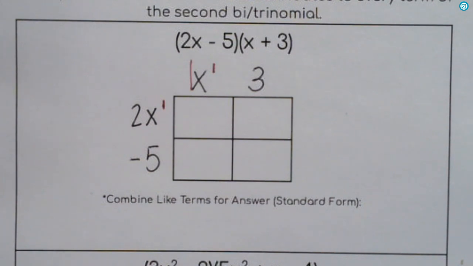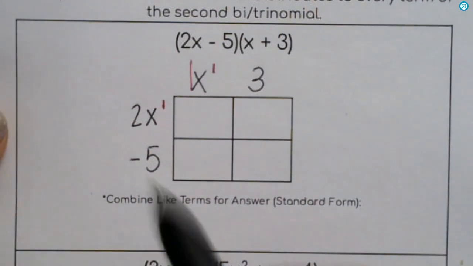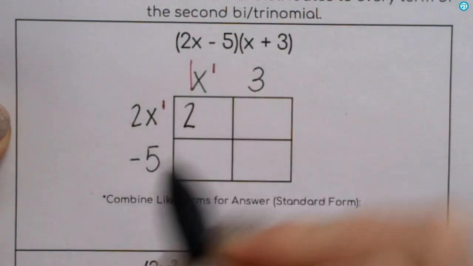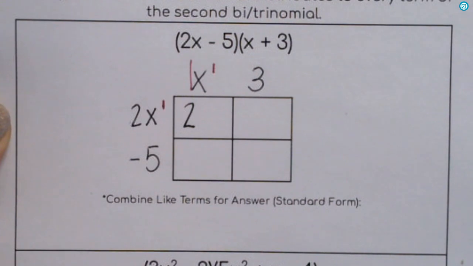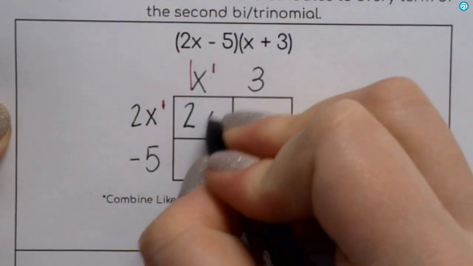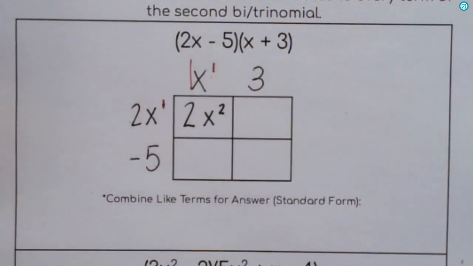And then from there, to start filling out our boxes, we're going to multiply to fill out every box. When we multiply, we're multiplying our coefficients, adding our exponents. Those steps always stay the same. So we're going to do 2 times 1, multiply our coefficients to get 2 for this box. And then we add our exponents. 1 plus 1 is 2. So this is 2x squared.